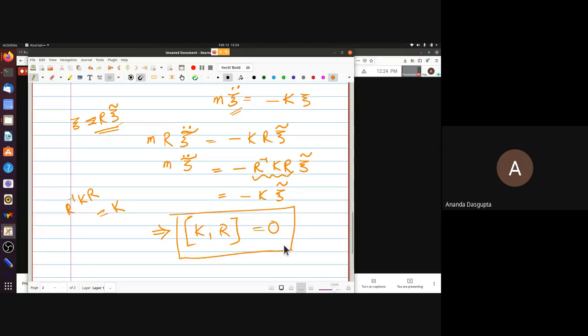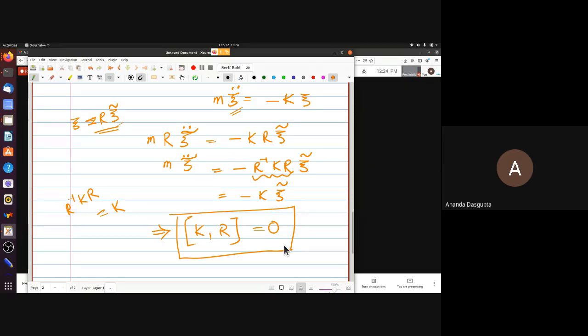So that is the first starting point. That is, if you have a symmetry operation which leaves your physical system indistinguishable from what it was before the symmetry operation, then the spring constant matrix, which is a relevant physical quantity in this particular problem, must commute with the matrix which describes that symmetry operation.